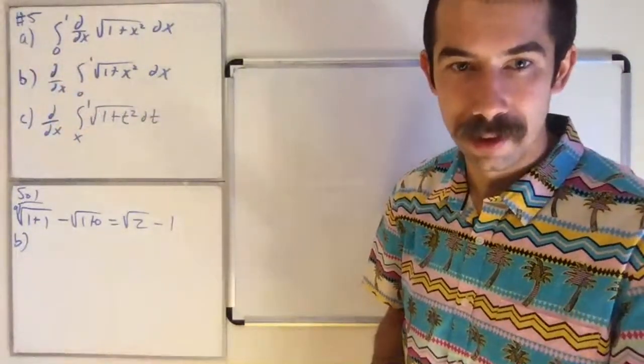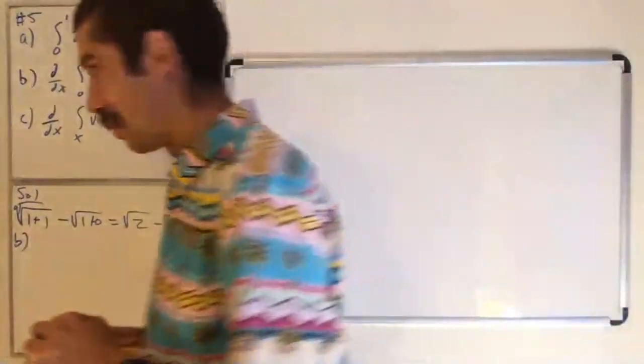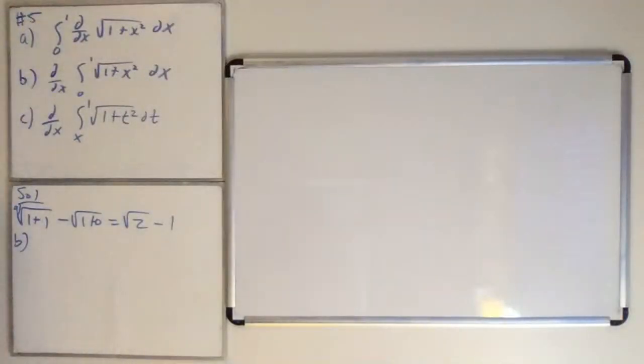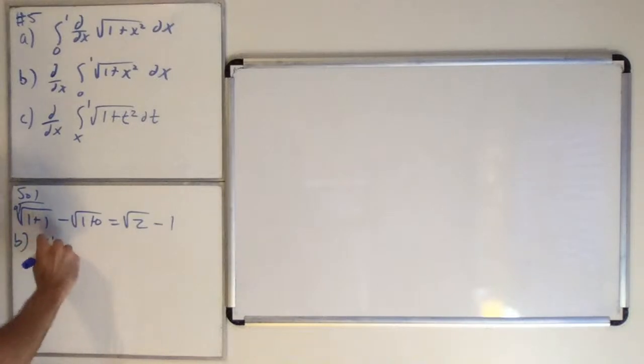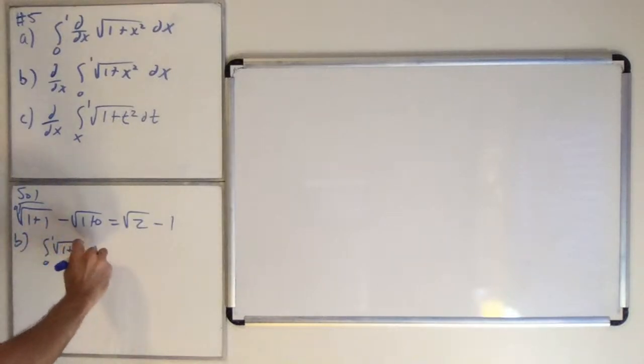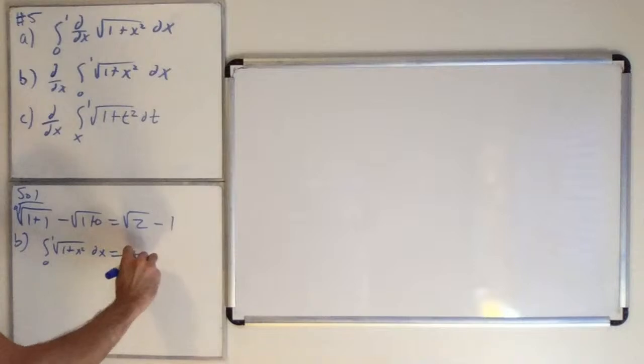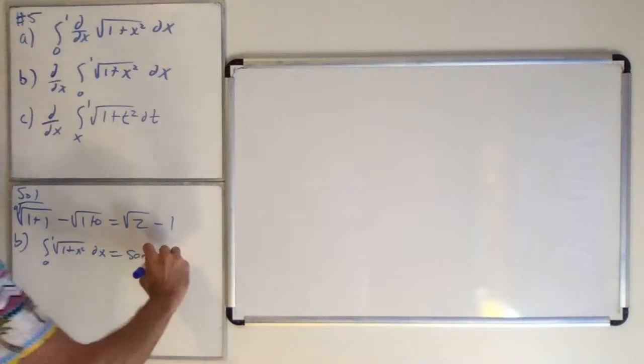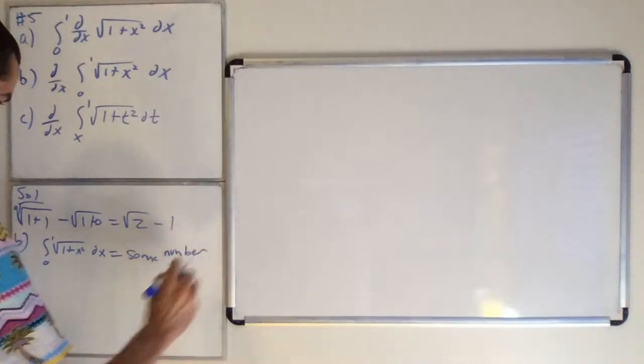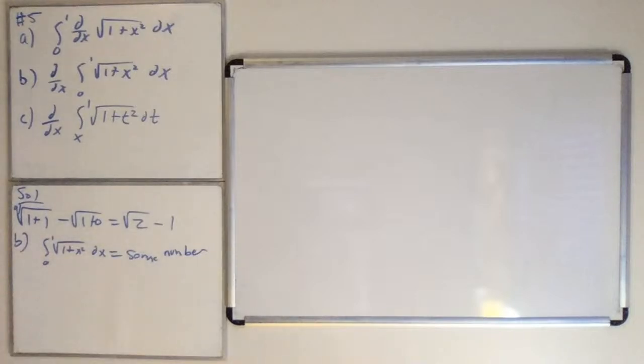It's 0. Okay? We don't know what this number is, and we don't care what the number is. The derivative of a constant is equal to 0.